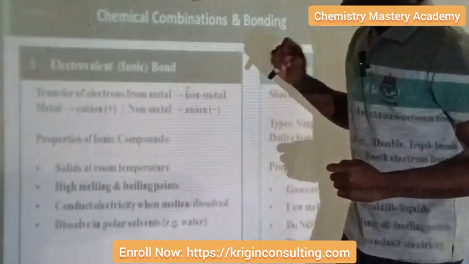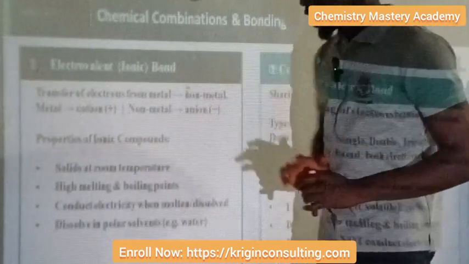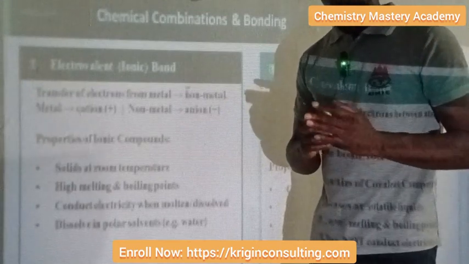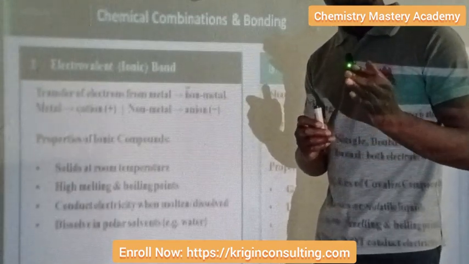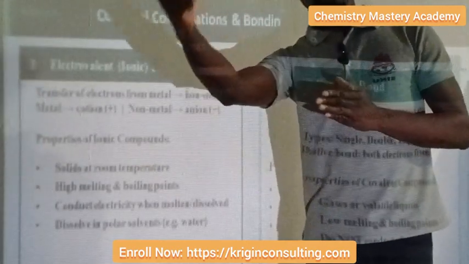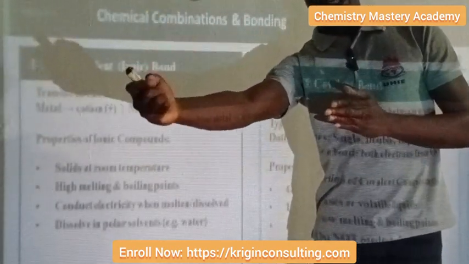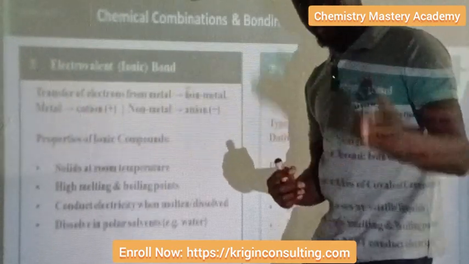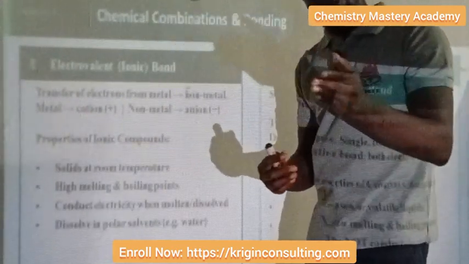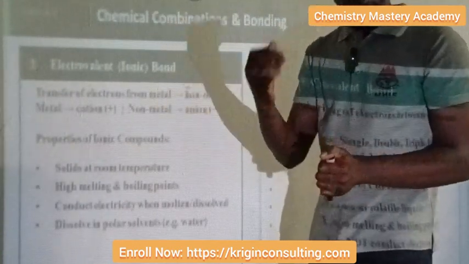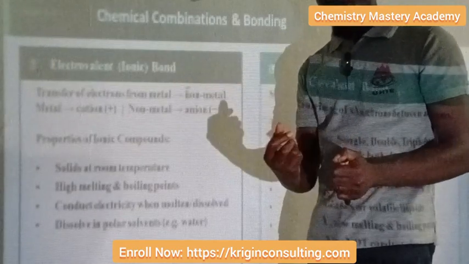Electrovalent or ionic compounds are compounds that are formed when one element transfers its valence electron to another element that willingly collects it. So that one that transfers is called the electron donor, while the one that collects it is called the electron acceptor.